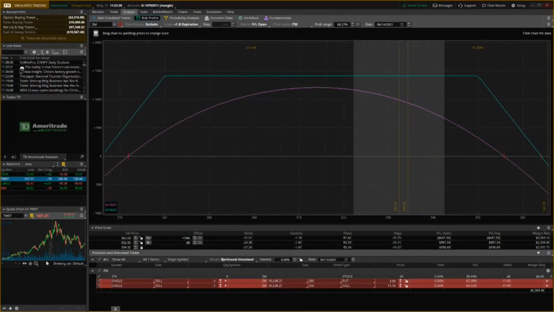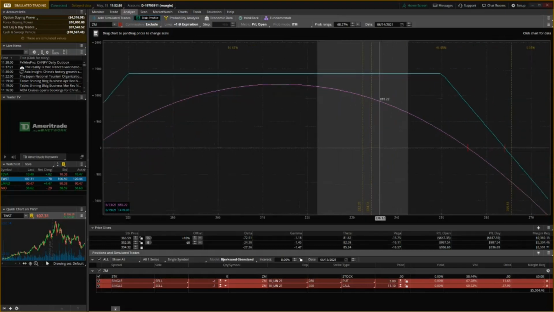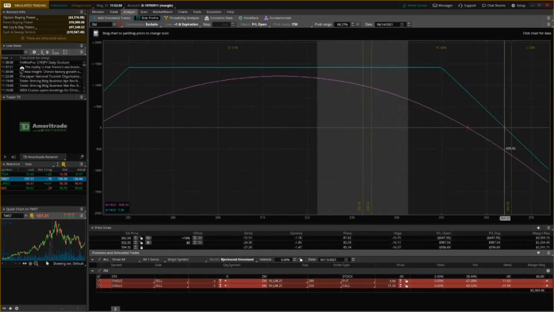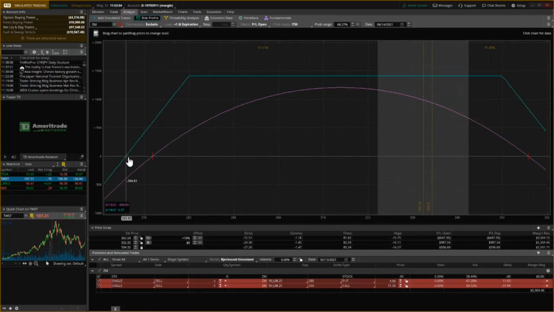Now, as you can see, we got a $1,410 premium. But look at the margin request here, it's $5,300, and our break-even points are going to be here at 364 and here at 365.